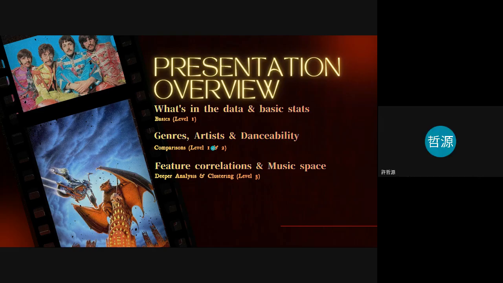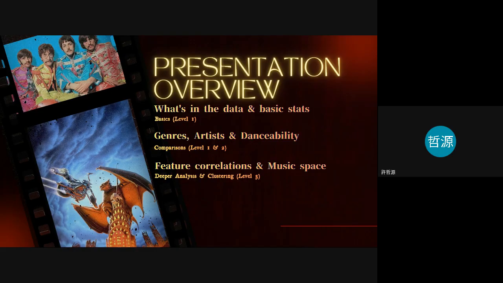No worries. Let's take a quick look at today's roadmap. We'll begin at level 1 by laying out the basics of our data set and its general statistics. From there, we will compare track popularity, artist, and danceability across level 1 and 2.